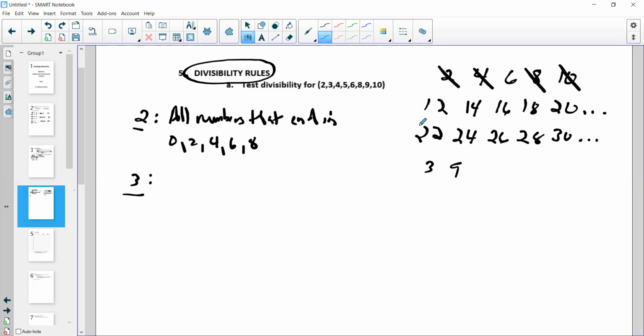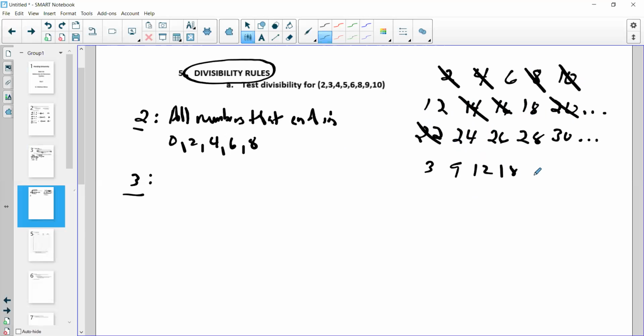It doesn't divide 10. It does divide 12. It doesn't divide 11 or 13 or 14. Doesn't divide 16. It does divide 18. It doesn't divide 20 or 22.